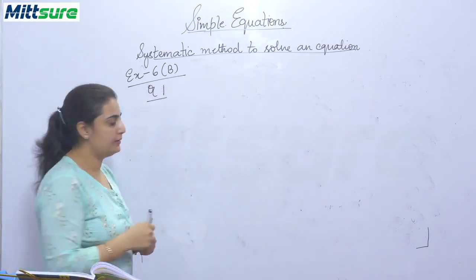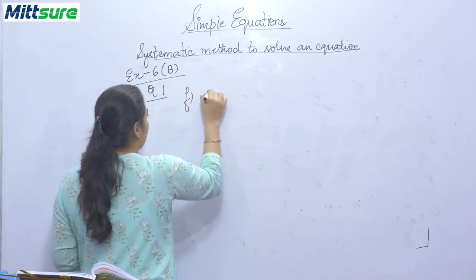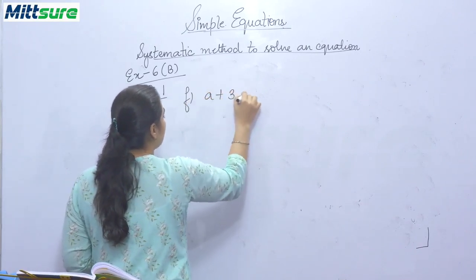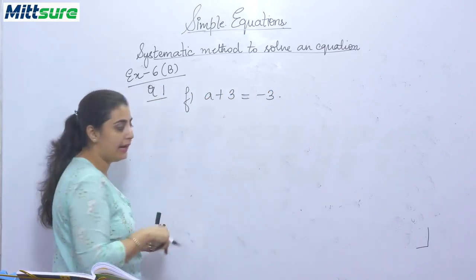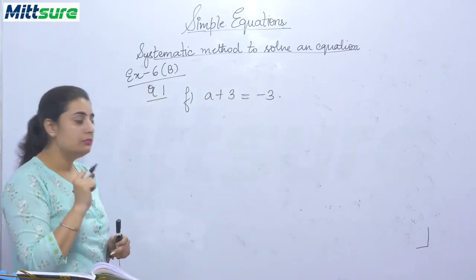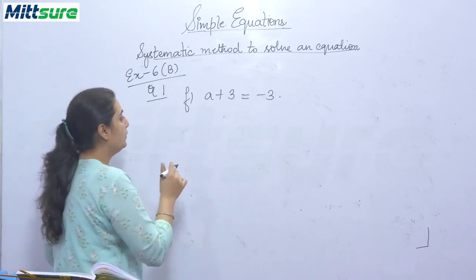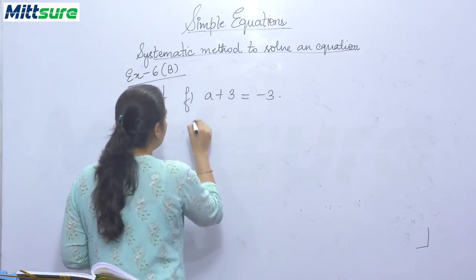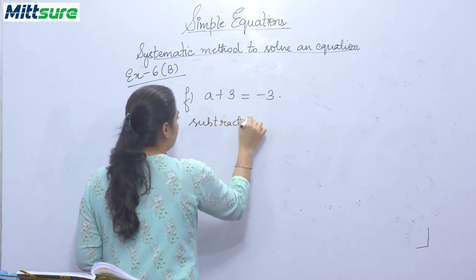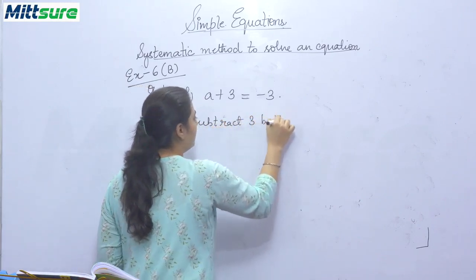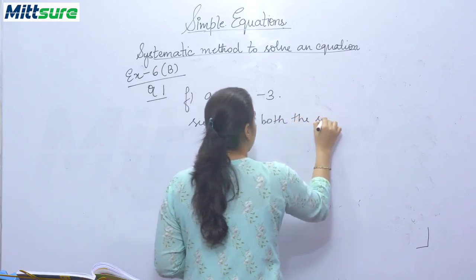Now F part is a plus 3 equals to minus 3. Now you will subtract the same value on both the sides. So here it is 3, so subtract 3 both the sides.